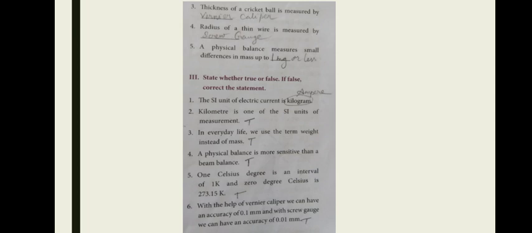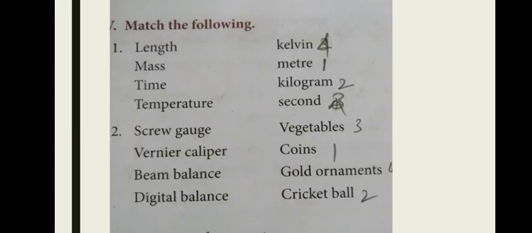This is also true. With the help of vernier caliper we can have an accuracy of 0.1 millimeter, and with a screw gauge an accuracy of 0.01 millimeter. This is also true. Match the following: length, meter; mass, kilogram; time, second; temperature, Kelvin.